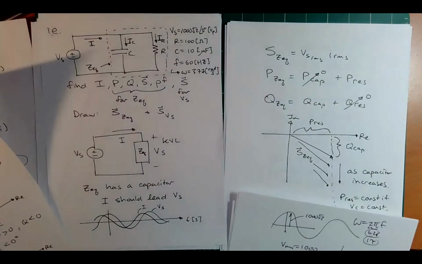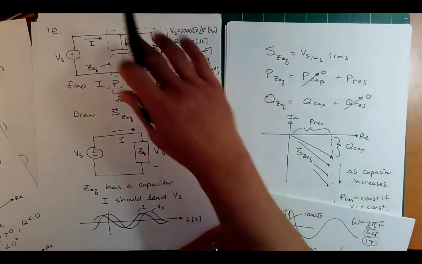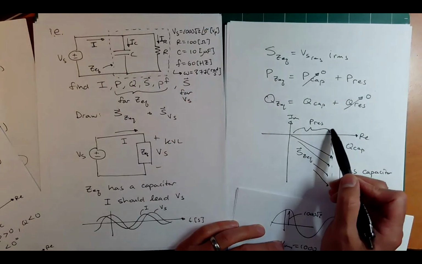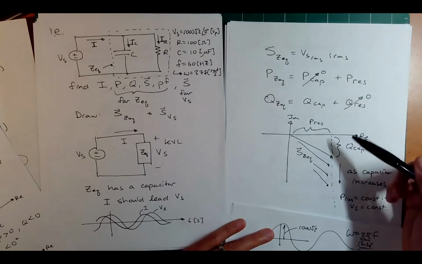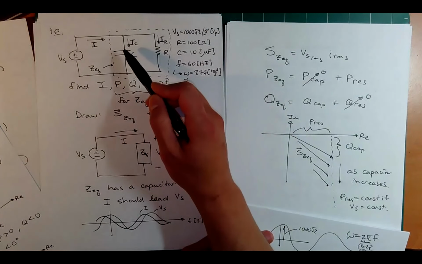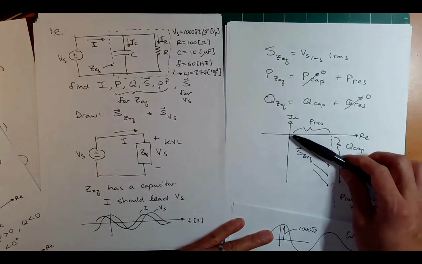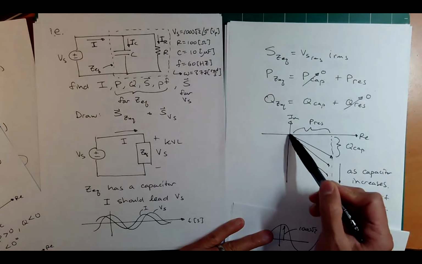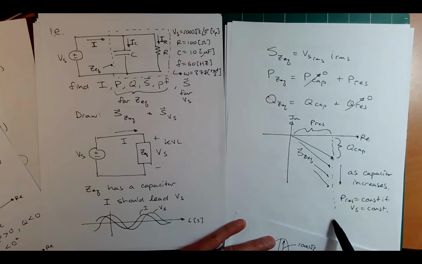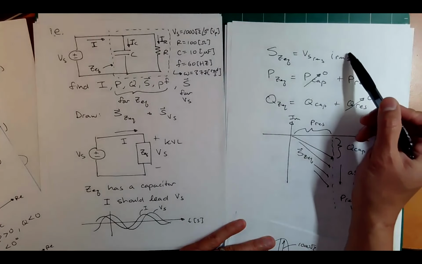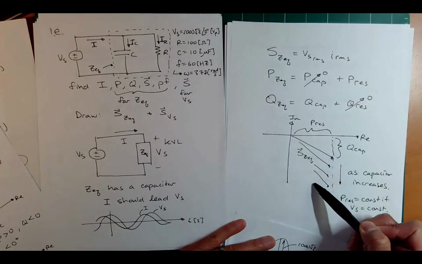And you can imagine, and you guys have done this in the lab, if you were to increase the capacitance, what's going to happen? As the capacitance increases, we're not changing this x coordinate, we're only changing this y coordinate. So as the capacitor gets bigger and bigger, Q capacitor is going to get bigger and bigger. What's going to happen? You're going to have a more vertical S bar, which means that the I RMS, if Vs is constant, is increasing, right?